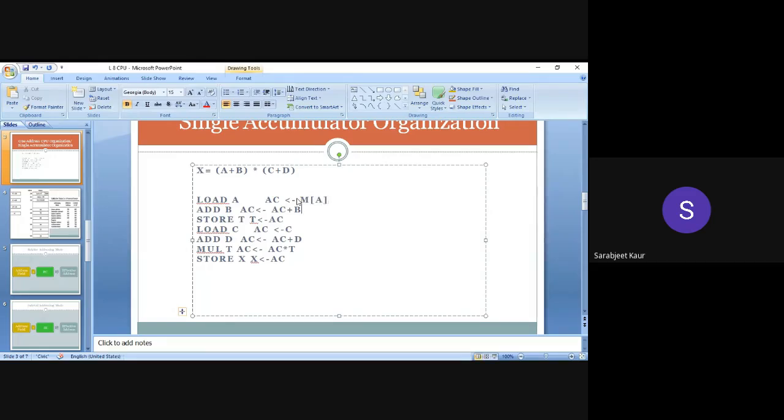Similarly, M of B. Okay. Right? Is this clear? Right. And M of C and M of T, and so you can see this here. Is this clear now to everybody? Yes, ma'am.